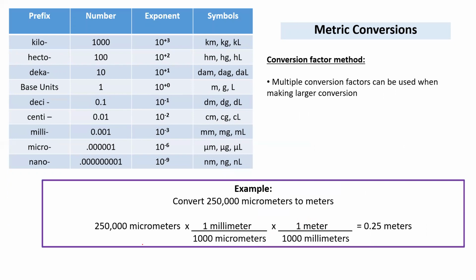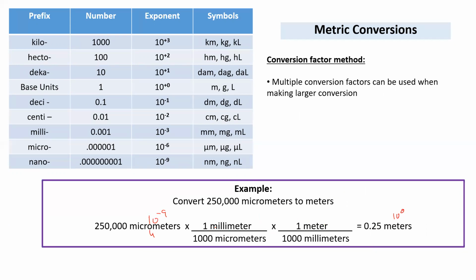And this, you can go even further. You can go to micrometers, right, which is U, which is 10 to the minus 6 meters. In this case, we're just talking about meters, but we could be talking about grams or liters. It doesn't matter, right? And we want to convert that to meters, which is 10 to the 0 or 1.